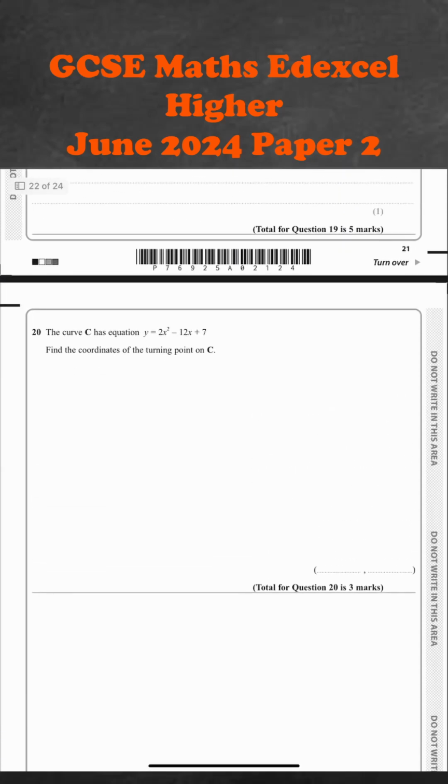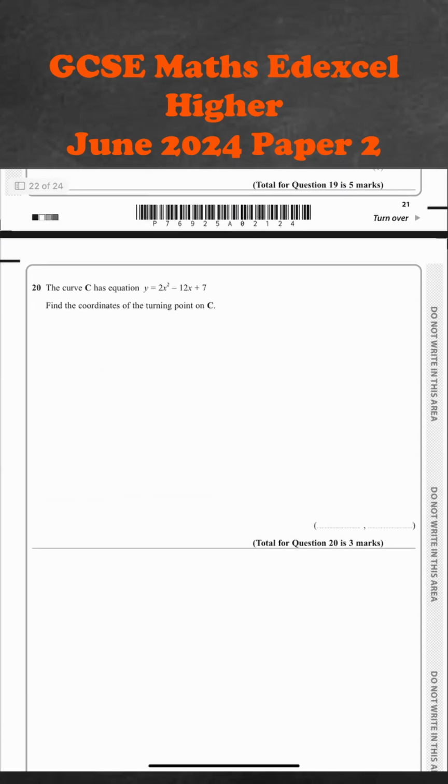Question number 20. The curve C has equation y equals 2x squared minus 12x plus 7.